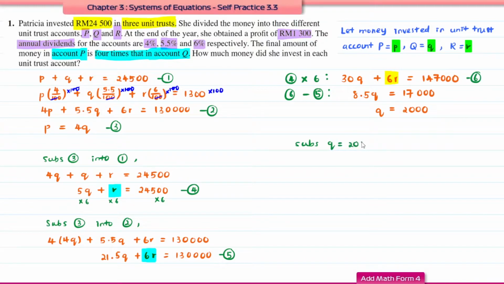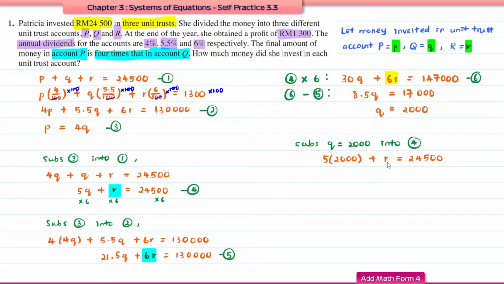Now next, I'm going to substitute Q, which is equal to 2,000, in equation number 4. So equation number 4 is 5Q plus R equal to 24,500, where Q is replaced with 2,000.